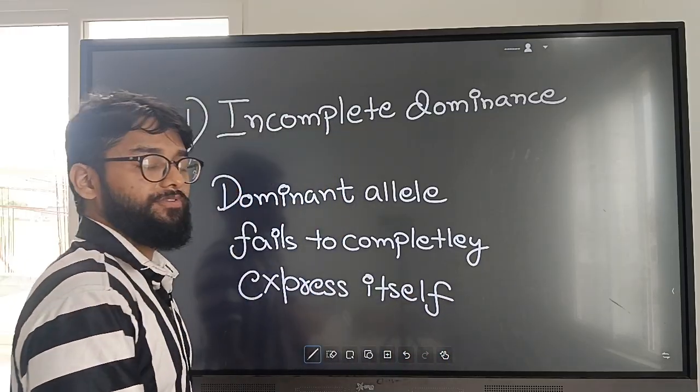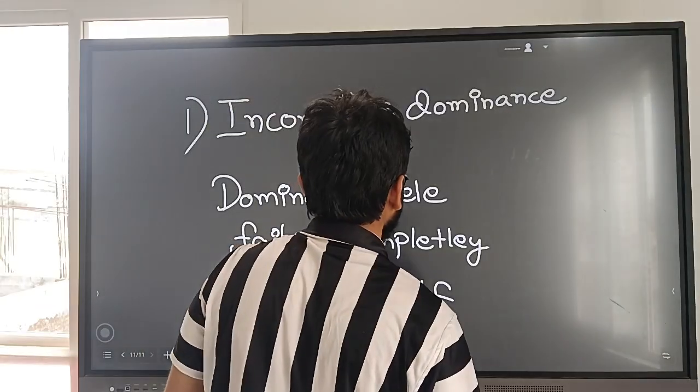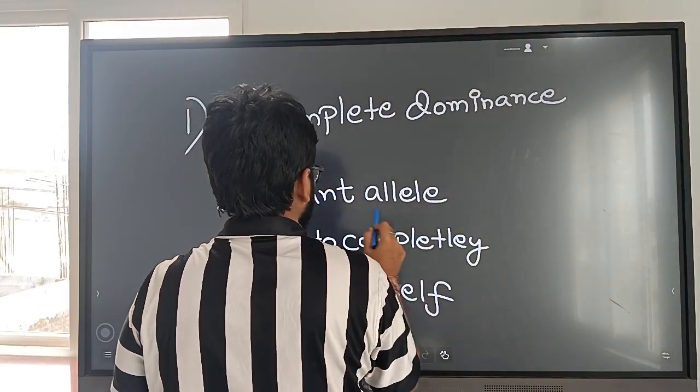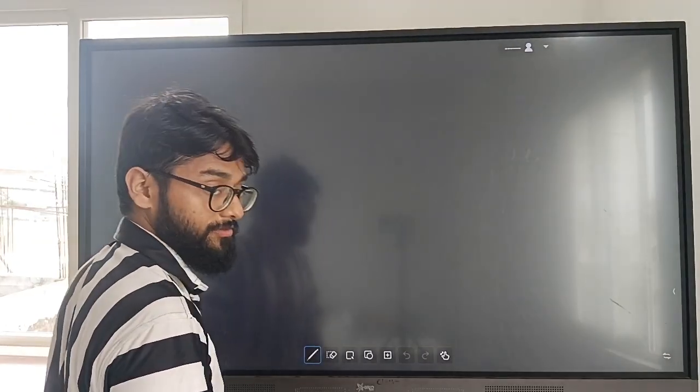Now, why does it fail to completely express itself? That is also a very simple concept. For example, let me write it in the next part so that I don't have to rub it out and you don't have to see it again.